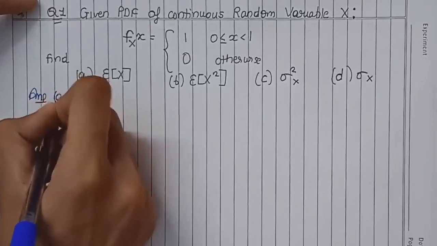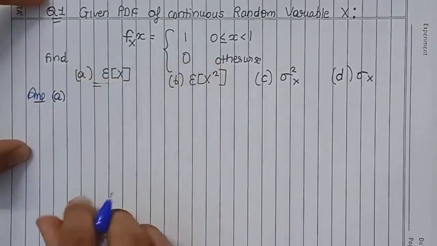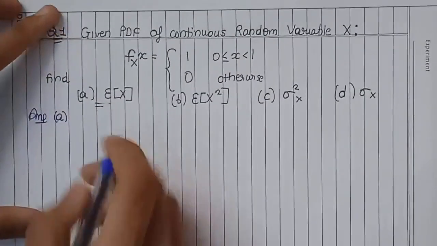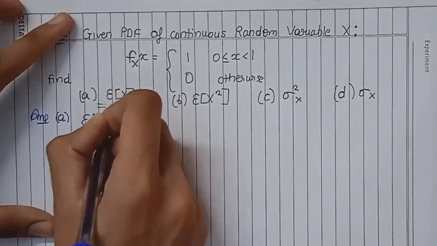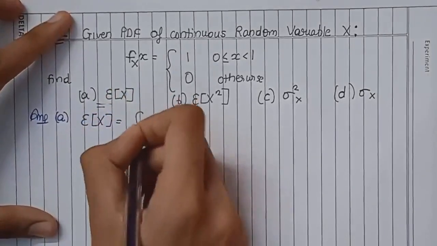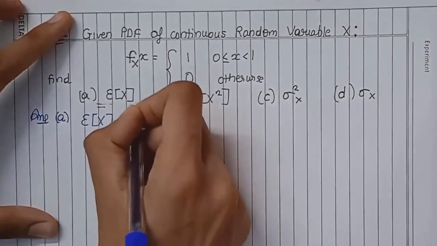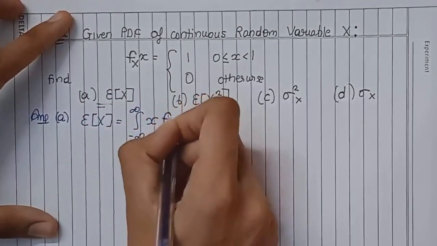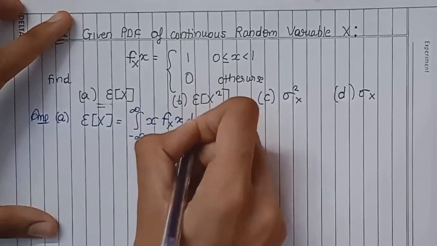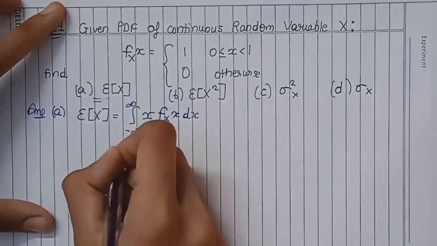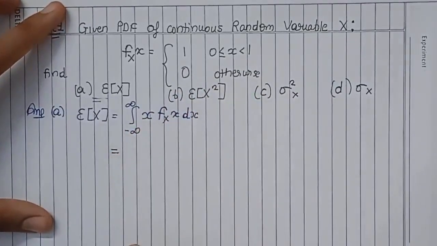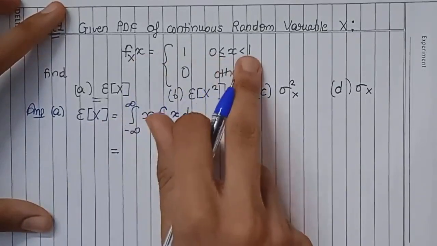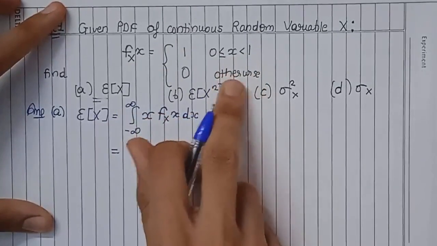So we can calculate expectation of this random variable using the formula that we have just seen. So let me first write the formula, which is equal to integration from minus infinity to infinity multiplication of x with the PDF values. Now here you can see that the PDF values only exist between 0 to 1 interval. It is 0 for all other values.